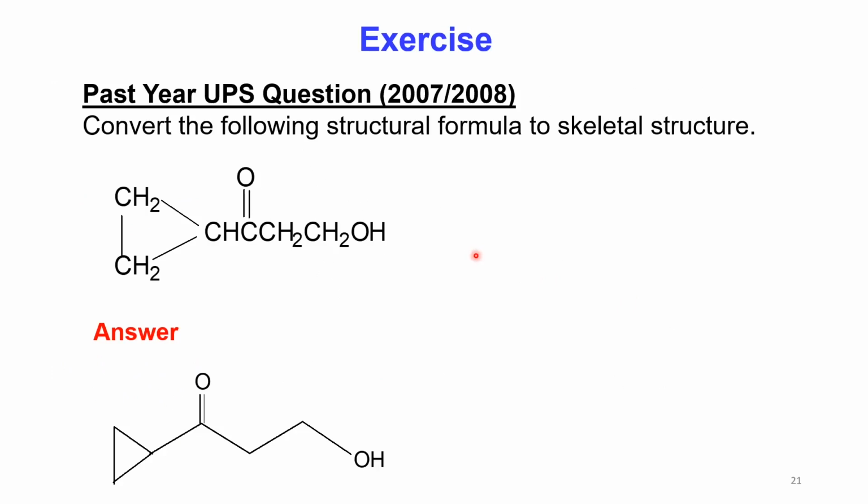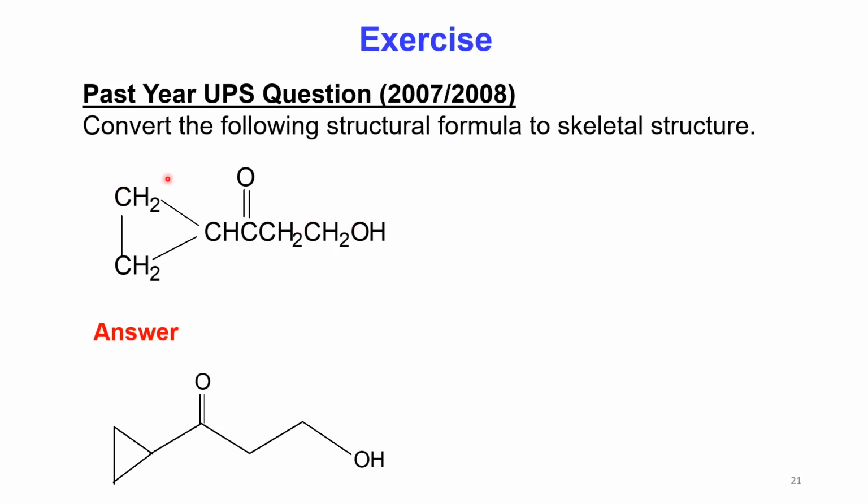Now we look at one example from a past year UPS question, for 2007 and 2008. The question is to convert the following structural formula to a skeletal structure. Given the condensed structure, we want to convert it into skeletal.